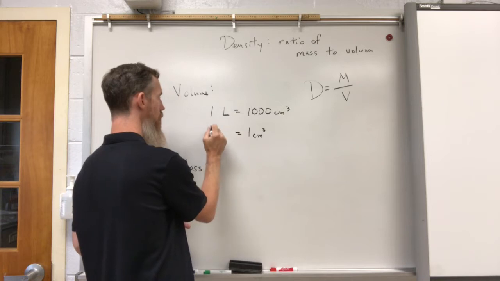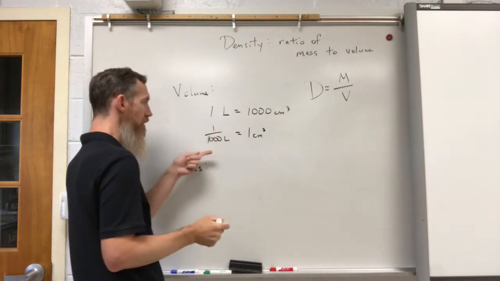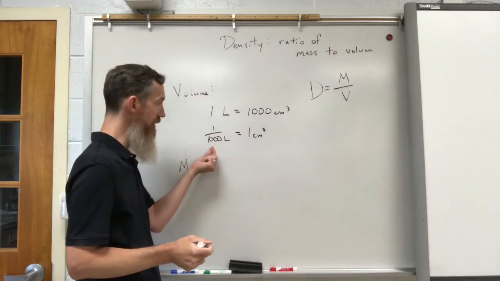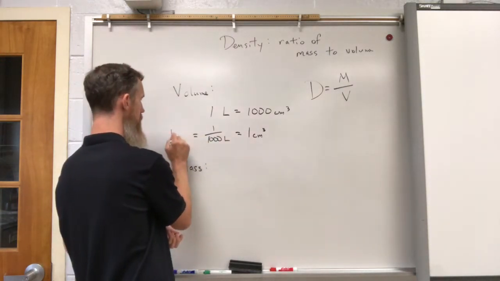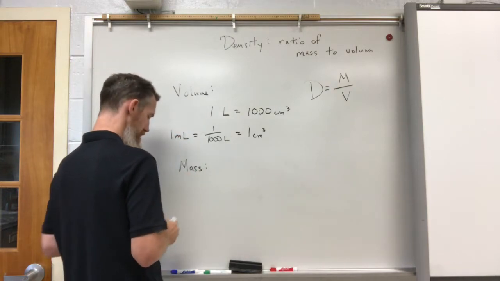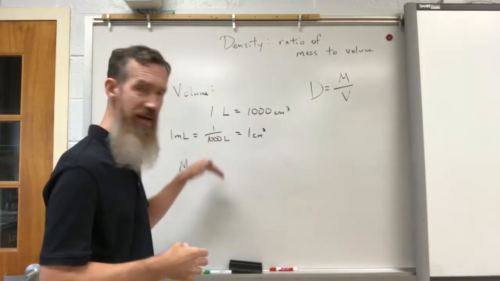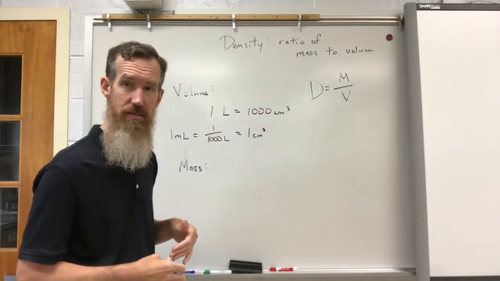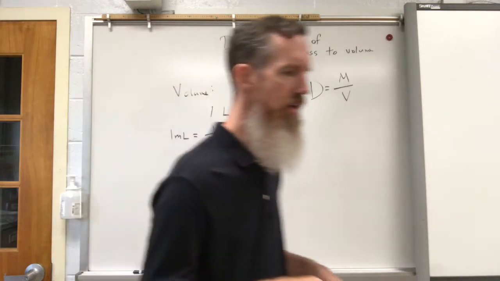And that would be 1 over 1,000 liters. And we call this 1 over 1,000 liters a milliliter. Milli being the metric prefix for 1,000, a thousandths, a division of 1,000. Which is wild to understand.